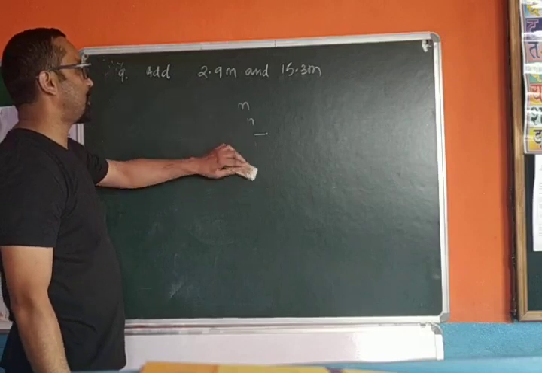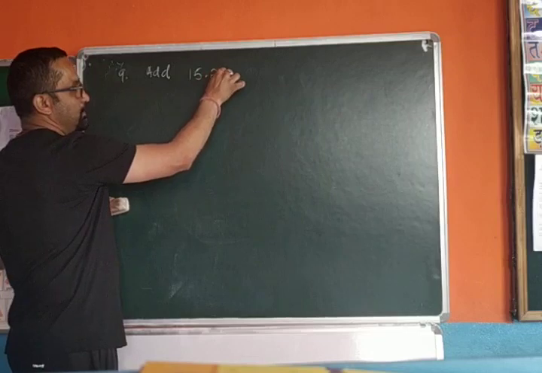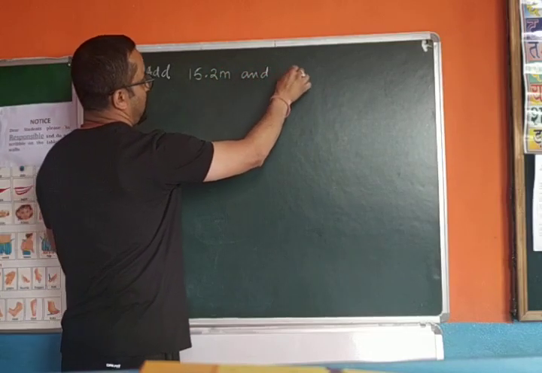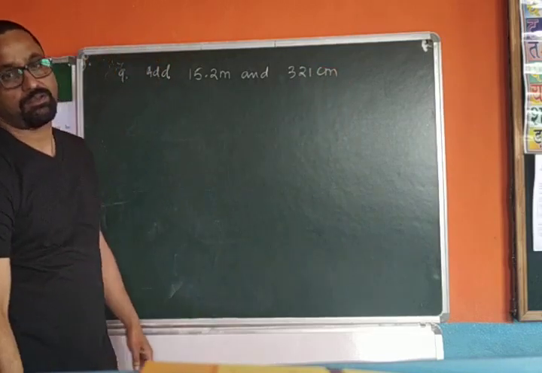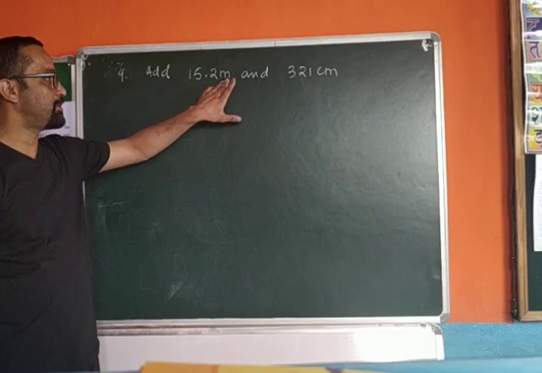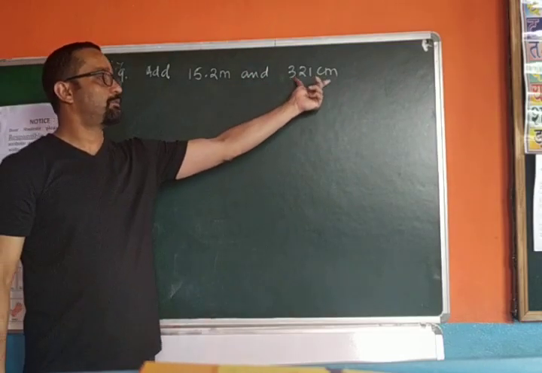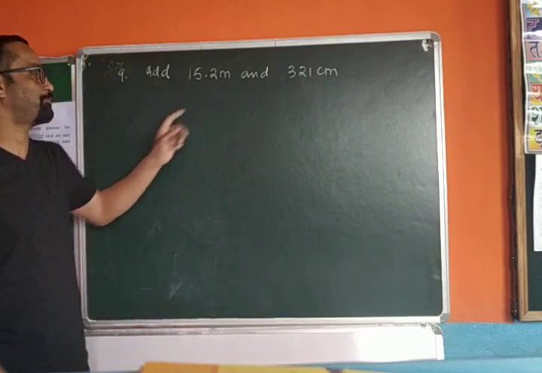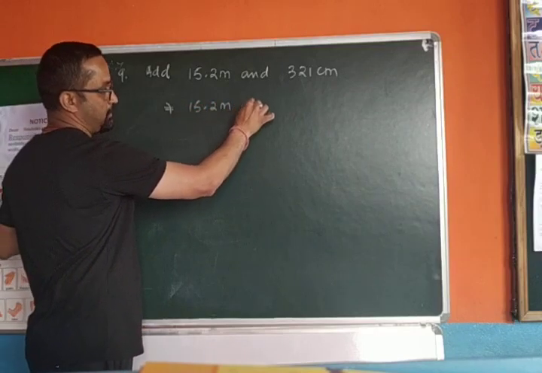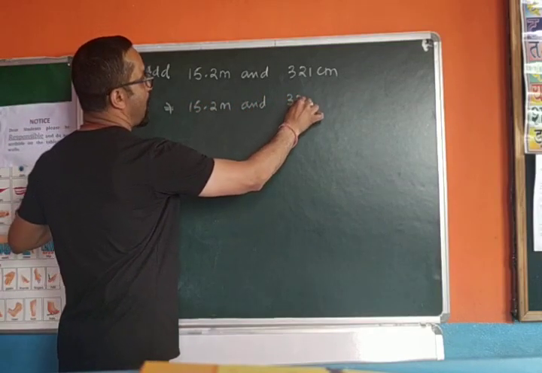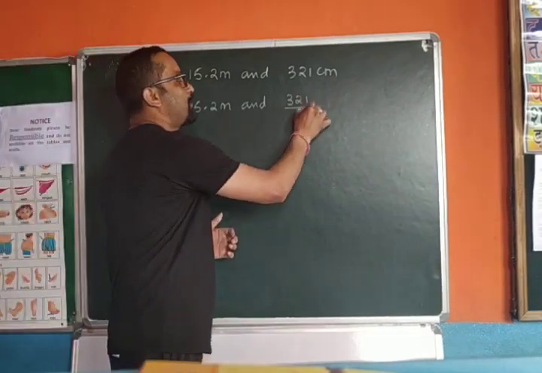You may get a question like this: add 15.2 meter and 321 centimeter. Look at this. You cannot add meter with centimeter. So what do you have to do? You have to convert this into meter. 15.2 meter and 321. How do we convert centimeter into meter? We divide it by 100.